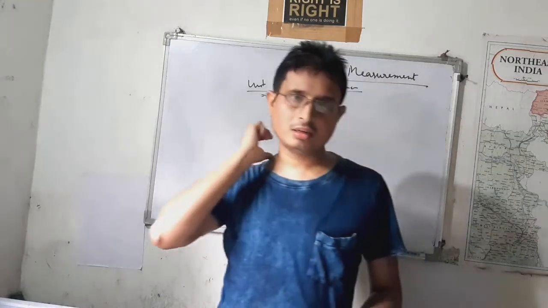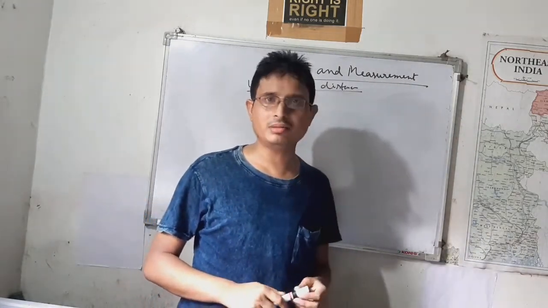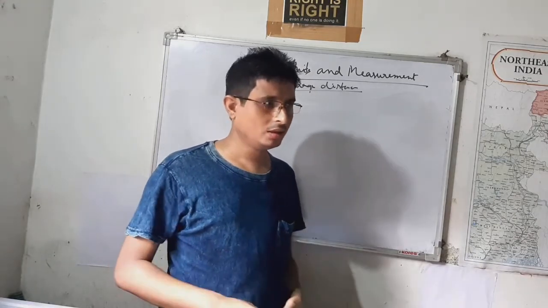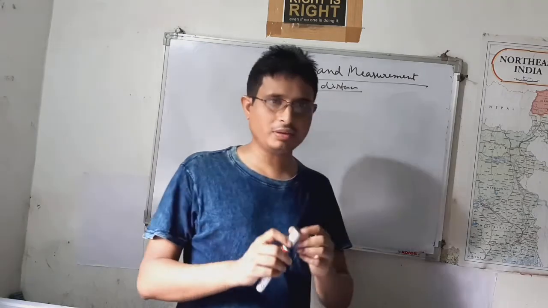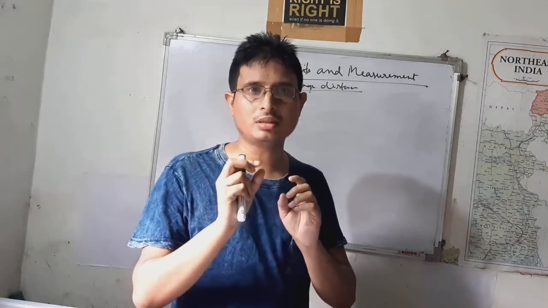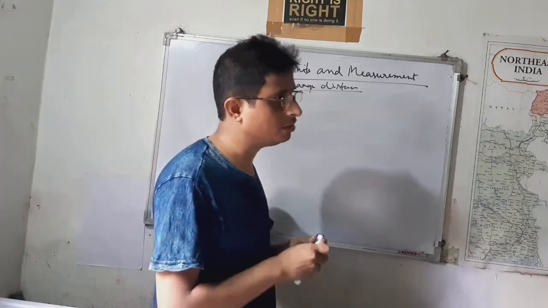We have learned the measurement of large distances and their units. Suppose I want to measure the size of a nucleus, the diameter of an atom, or the size of a molecule. In this case, we use some units.